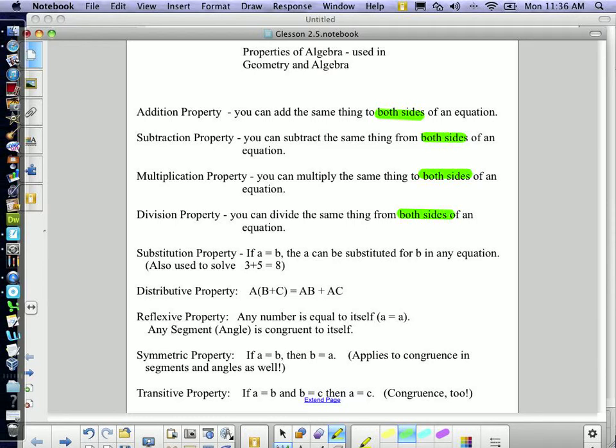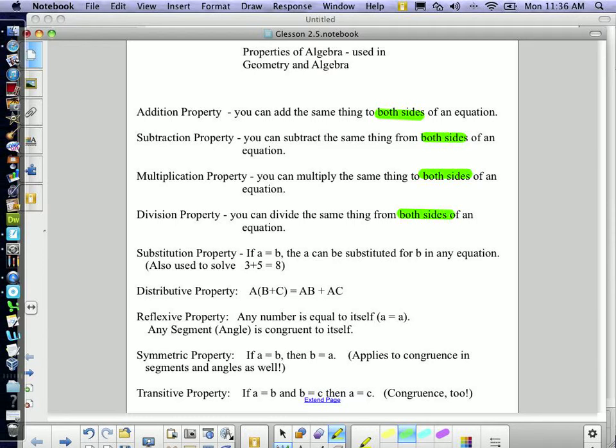Substitution property says if A equals B, A or B can be substituted in any equation. It's also used to combine like terms. So if I have a 3 plus 5 somewhere and I just say that equals 8, by simplifying it, by combining the like terms, that is substitution. It's a little different from what you've seen before, but that's what we're going to call it in geometry.